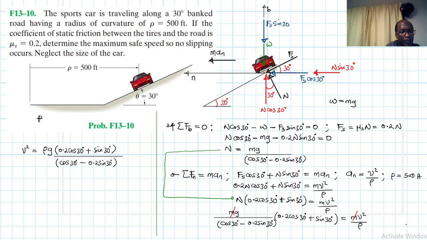Okay, our rho is equal to 500 feet, and our g in feet per second squared is 32.2.